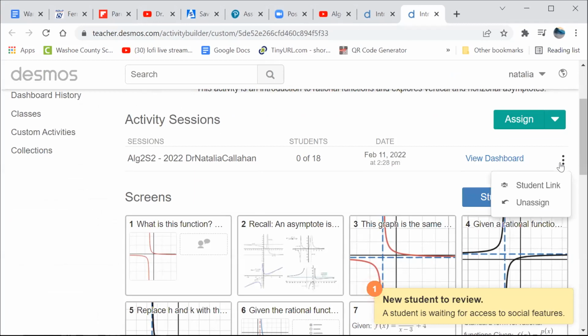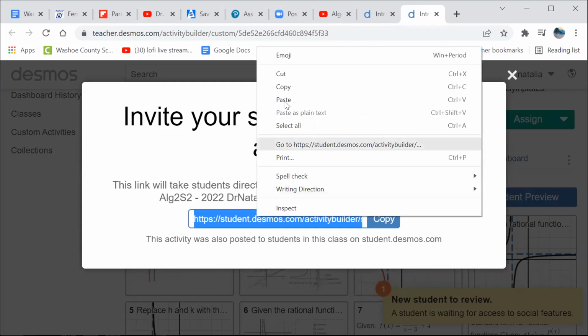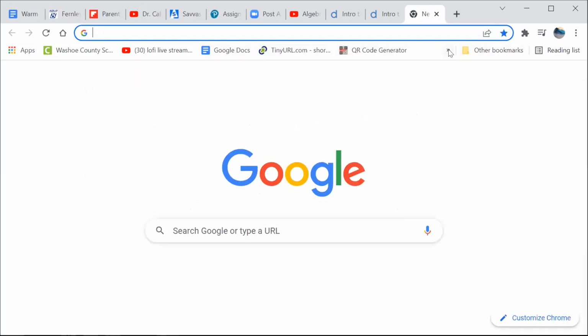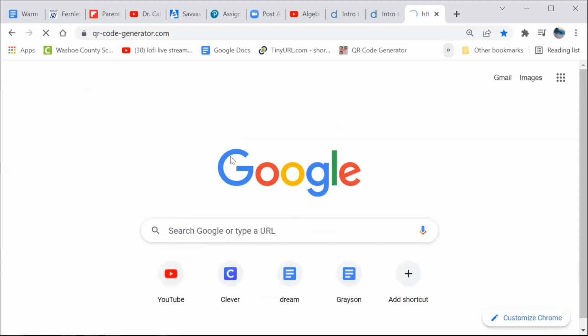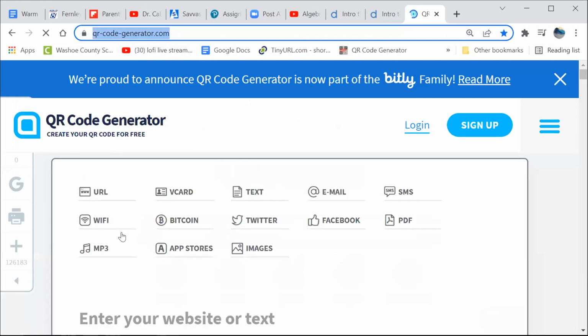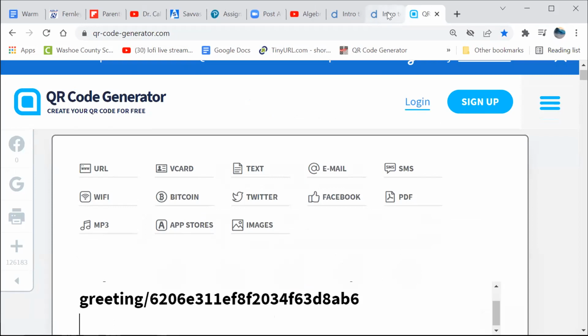Let me see if I can get the student link. Let me copy that. And I'm going to put it into a QR code so it's a little bit easier for you guys to scan. For those of you who have already been to Desmos before, just go to desmos.com and you will be able to access it because you've already been added to the class.